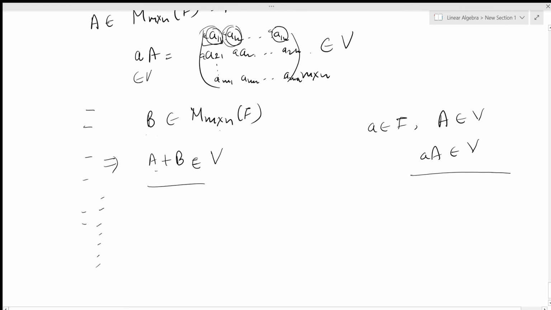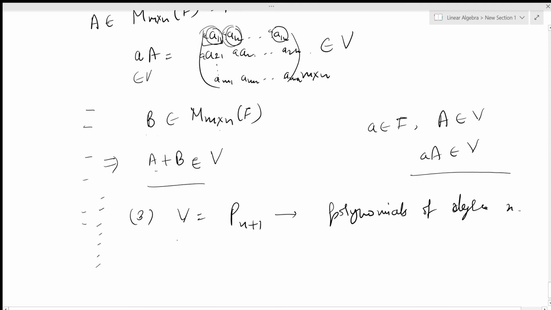So next example is the third one, that is Pn plus 1. It consists of polynomials of degree n. So here there are polynomials, like if you have f(x) belongs to Pn plus 1, then your f(x) is of the form an x^n, an minus 1 x^(n minus 1), and so on, a1 x plus a naught.